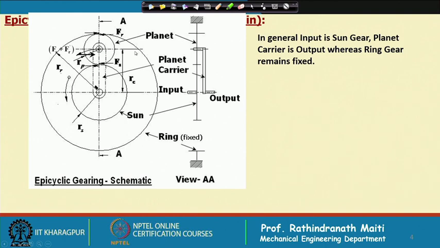So, in this case also, if we keep the outer one fixed and if we rotate the sun gear, then if we take out the motion out of this arm, we will have some additional transmission ratio, and that is the advantage of epicyclic gearing.